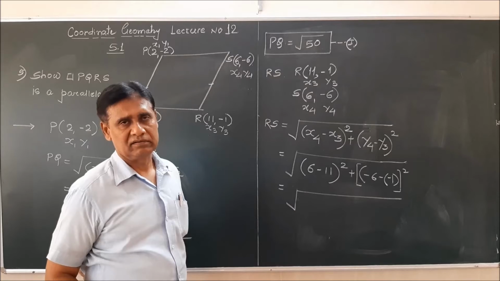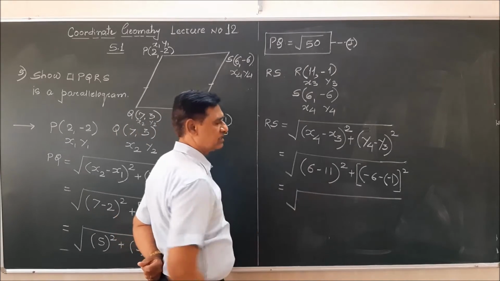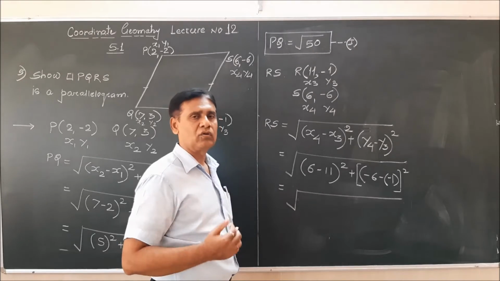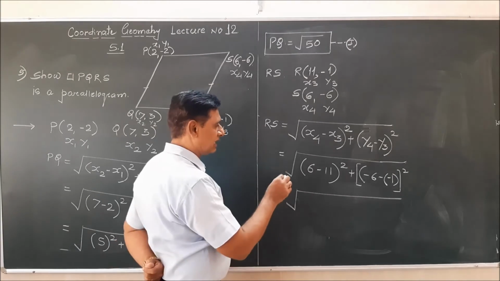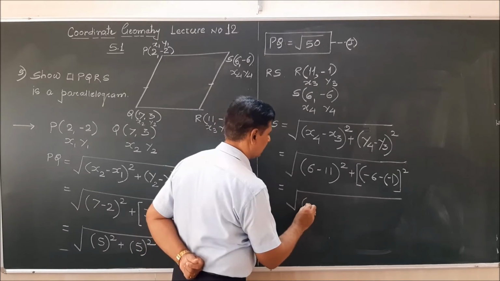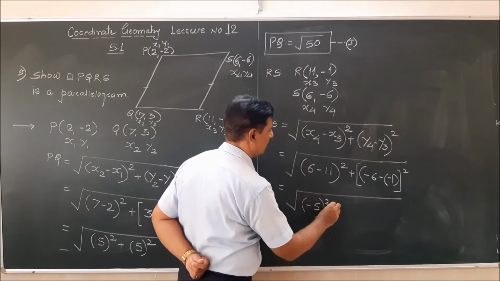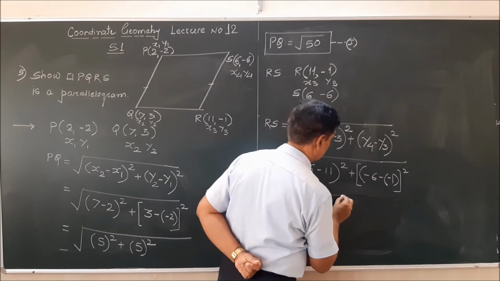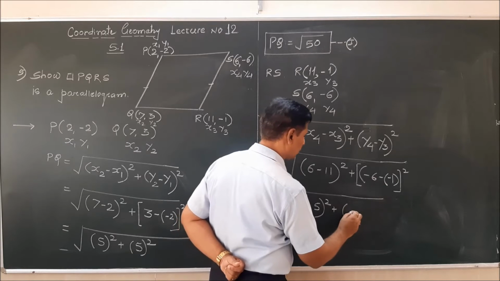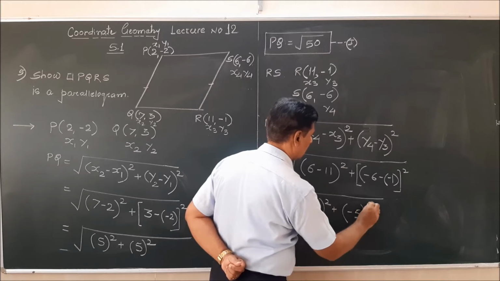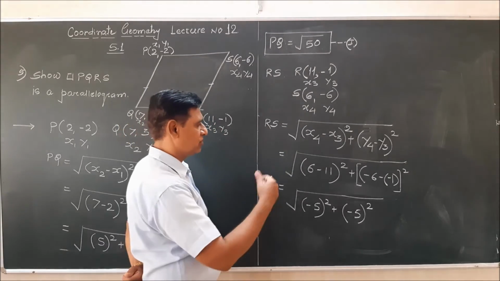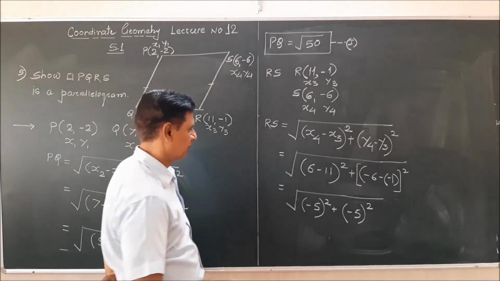6 minus 11. You know, 11 is a larger number. From that we have to subtract the smaller number and we always place the sign of the larger number. So 6 minus 11 is minus 5, the whole square. Then plus minus 6 plus 1, that is also minus 5, the whole square, because minus into minus is plus.